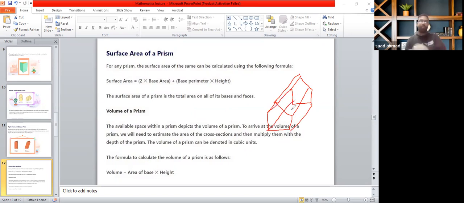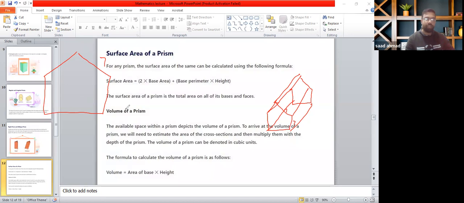And let's assume that this one is a regular pentagon, and the side length for each side is 7. Let's say I have a regular pentagon here, kind of. Each side is 7.